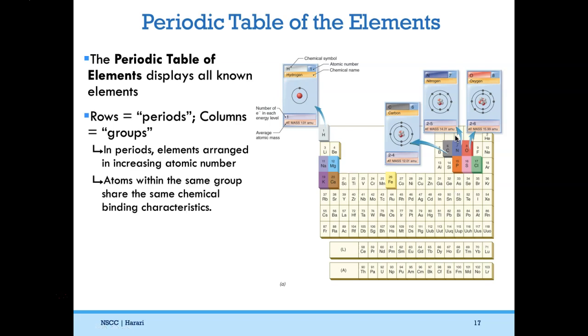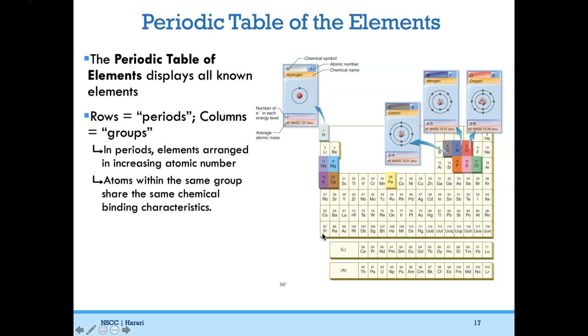Interestingly, atoms within the same group, so each column, share very similar chemical characteristics. All of these gases are called noble gases. They're very, very stable, and they all act very similarly in this column. These metals in this group over here all act very similarly.